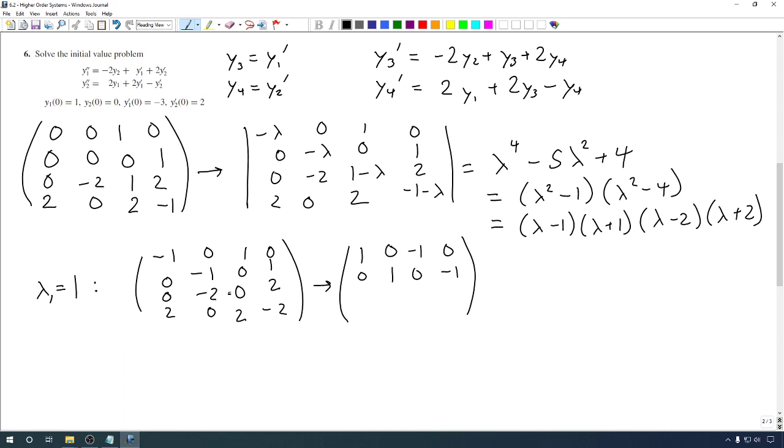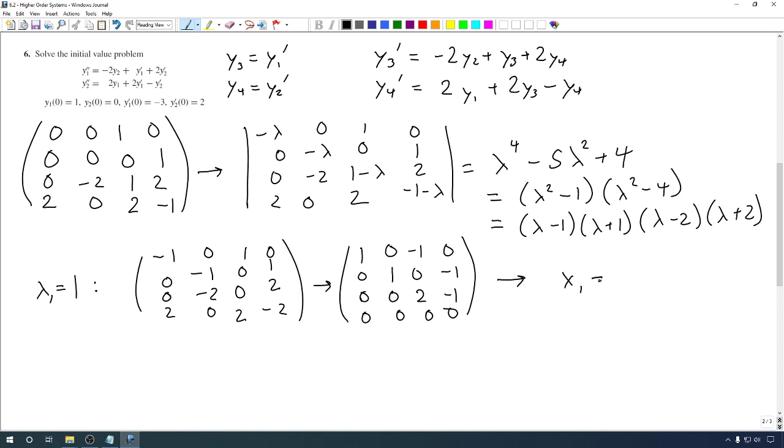And then we get to fiddle with the other ones. It turns out this third row can go away, but our last row actually kind of sticks around. We'll have a row of all zeros at the bottom. And then for our third row, we'll have 2 zeros, followed by 2 and negative 1.